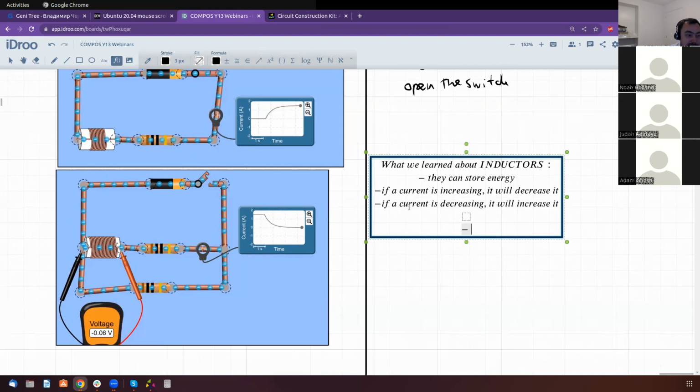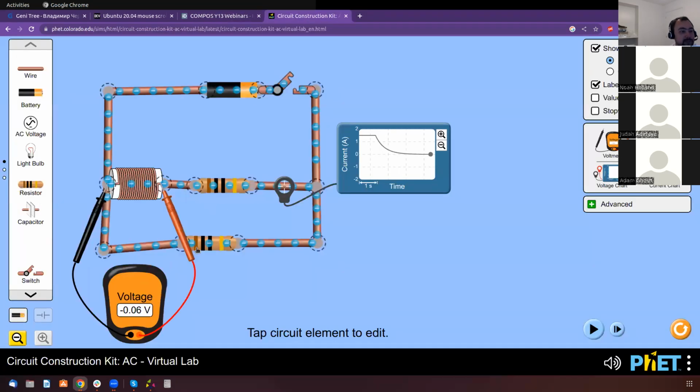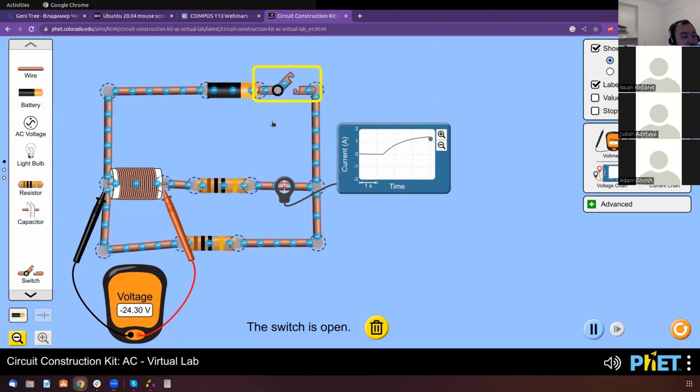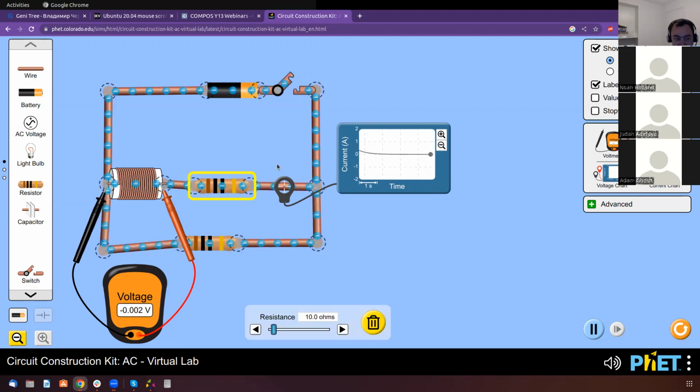When you switch on the power supply, the current starts to increase, and then you switch off the power supply and the current starts to decrease, but you can see that it's still flowing. So it can keep current flowing just like a capacitor does, just in a slightly different way.